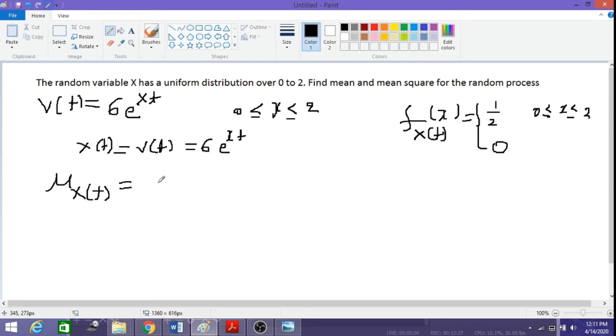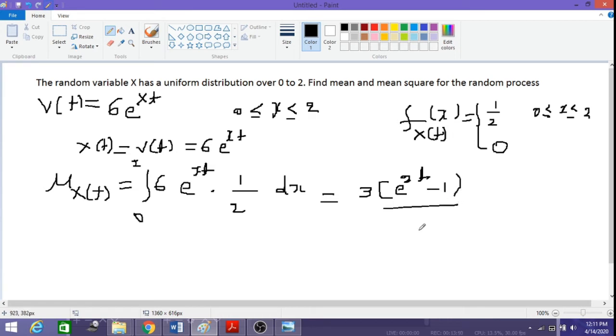So just integrate this term from 0 to 2, with the PDF definition, integrating with respect to x. Finally after integration we will get this as 3 into e power 2t minus 1 by t. So integrate this: e power xt gives e power xt by t. Substitute the limits, that is 0 to 2.